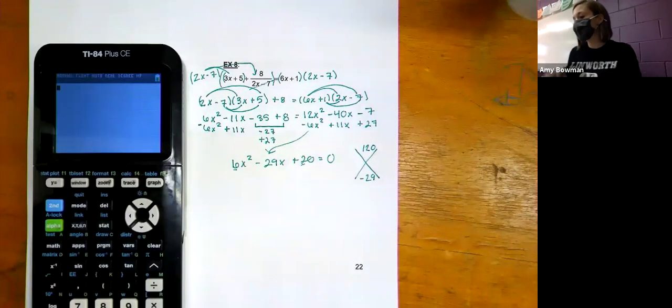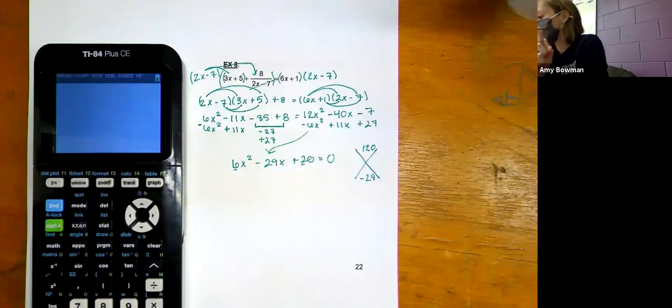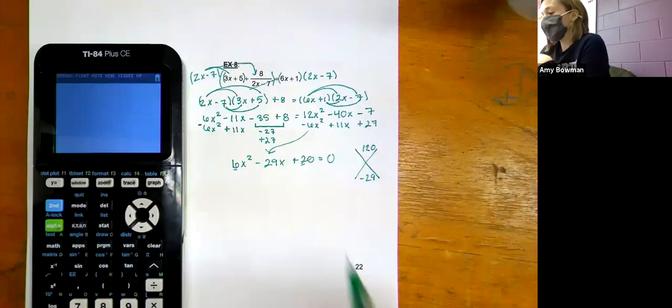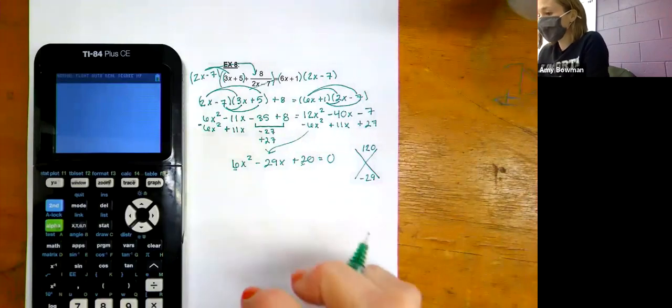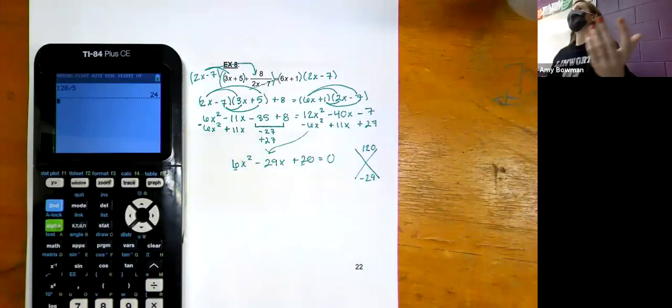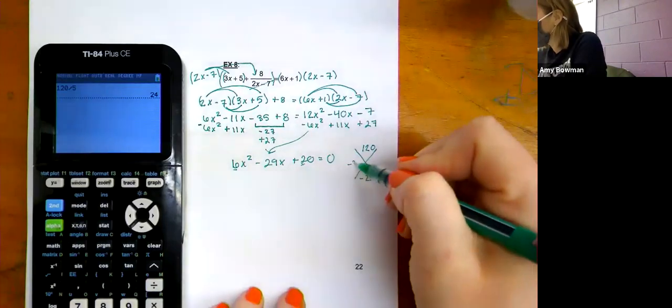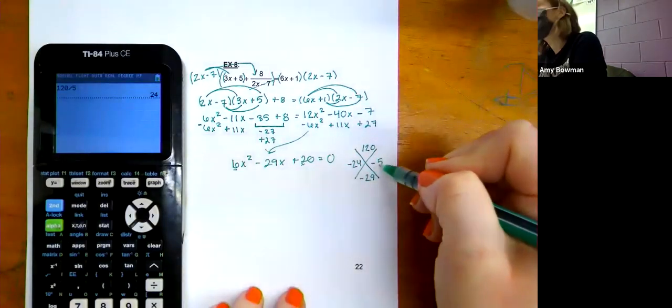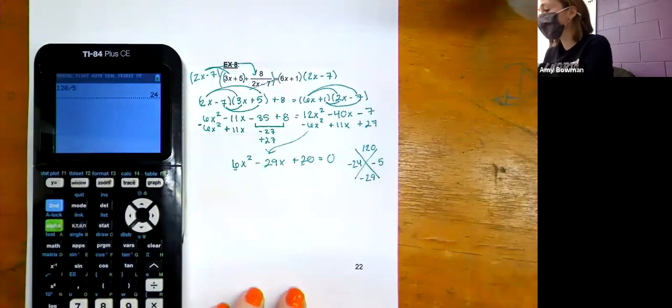Things that multiply to 120, 12 and 10. That doesn't combine to 29. What else? 5 and 24. Negative 24, negative 5. There we go. I really did just stumble upon that.